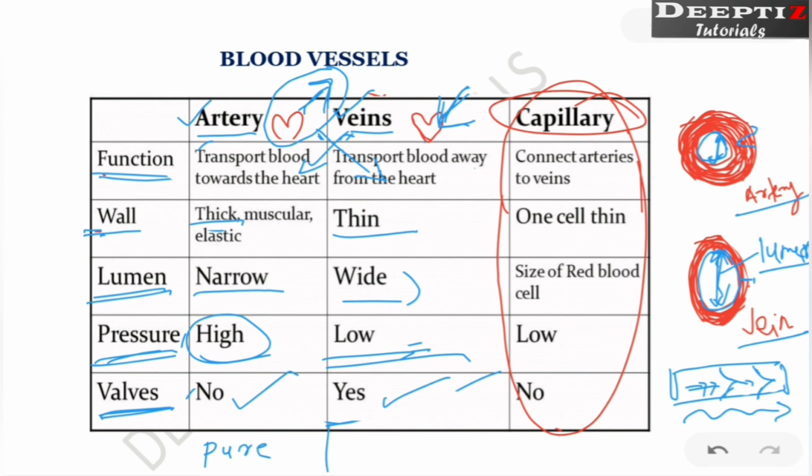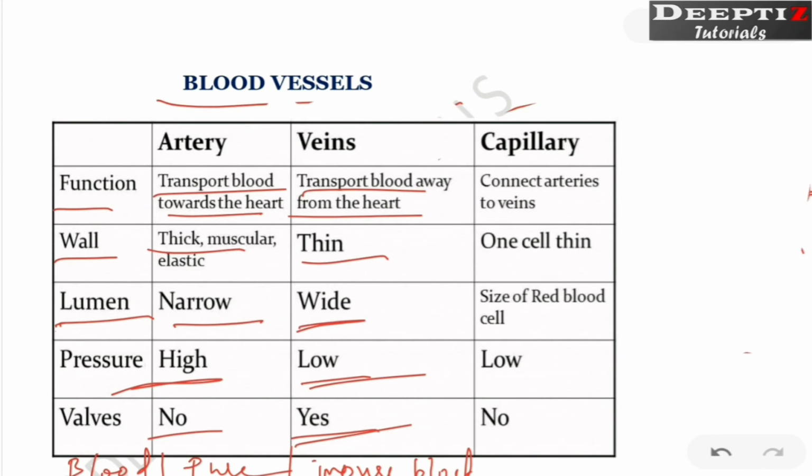What about veins? Vein always carries impure blood. What is the meaning of pure and impure blood? The blood which contains oxygen, we call pure blood, which is also termed oxygenated blood. The blood which contains carbon dioxide as a major component, we call impure blood or deoxygenated blood.